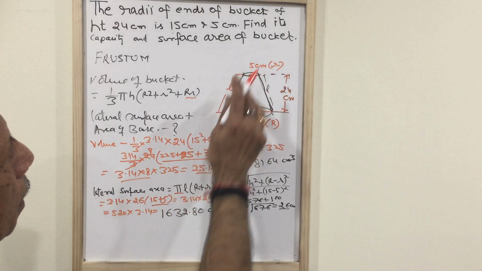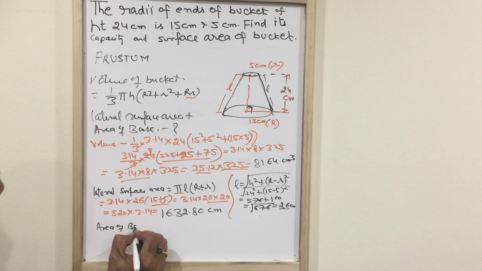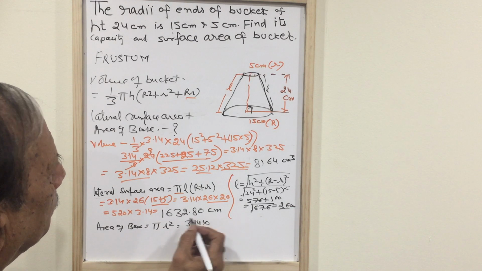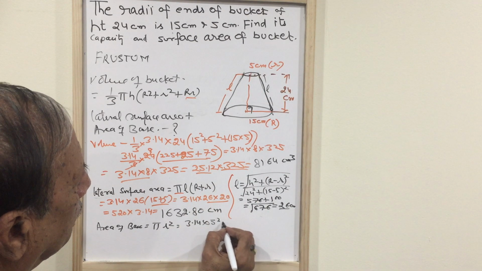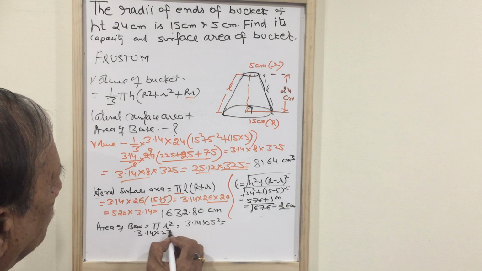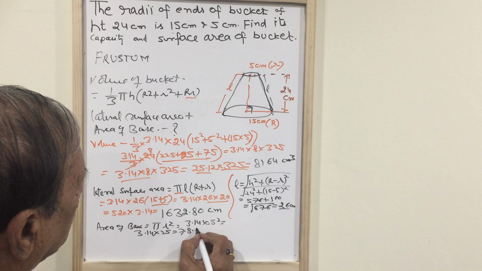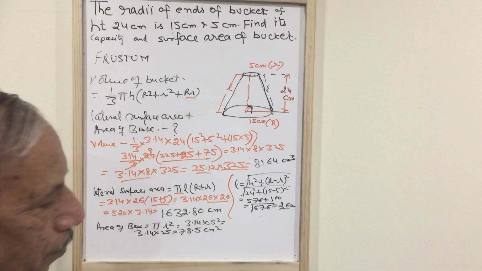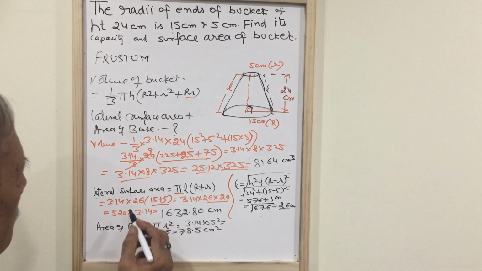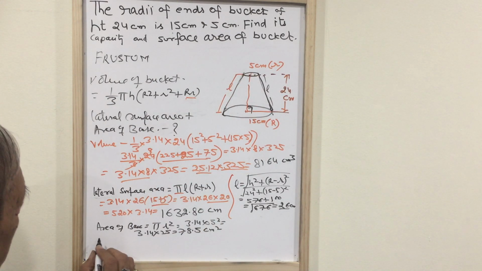Now we have to find one more thing, the area of the base. Radius is 5 centimeters, so the area of the base is pi r square, that is 3.14 multiplied by 5 square, 3.14 into 25. This comes to around 78.5 centimeter square. So we'll add this area to the lateral surface area and we'll get the total surface area of the bucket.